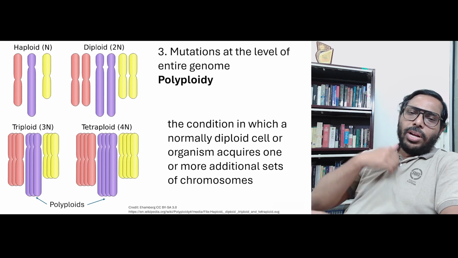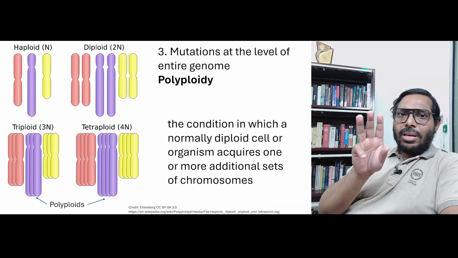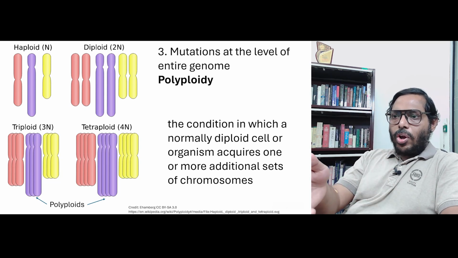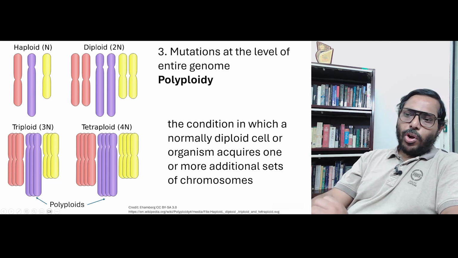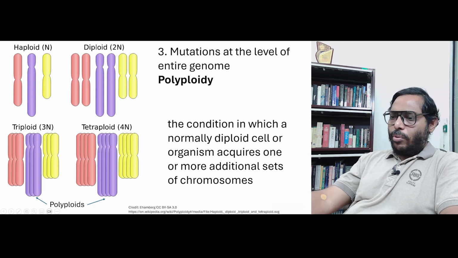Now let us say the ploidy level goes up by 1 more, then every chromosome is in 3 copies, that is triploid, or 4 copies, that is tetraploid. So, these 2 below, the 3n and the 4n ones, are the polyploids.